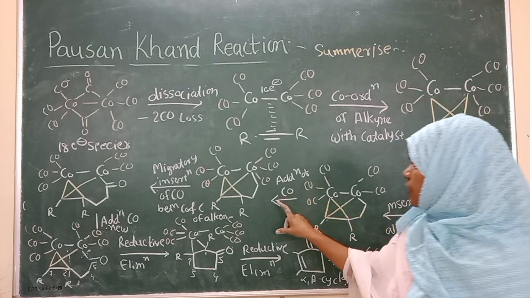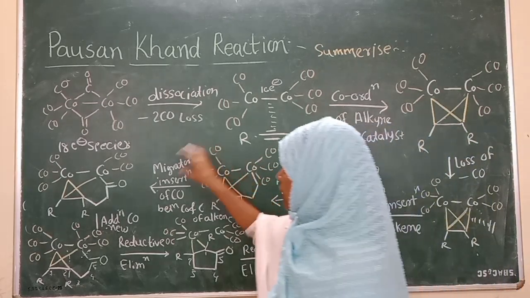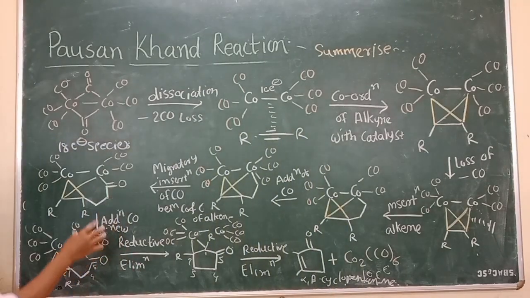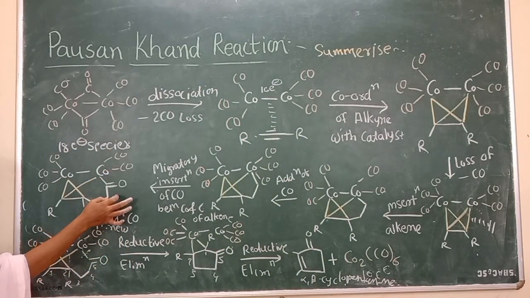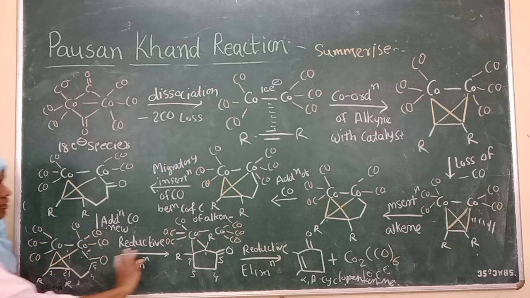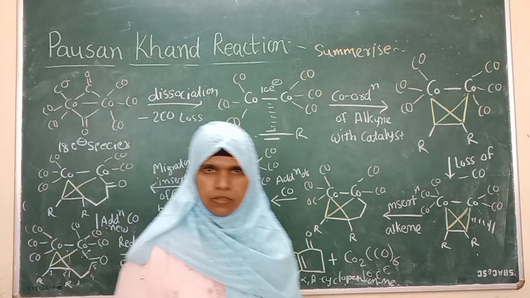After that, 1 CO molecule is added again, then migratory insertion of CO, forming a new carbonyl group between the cobalt and alkene carbon. Then a new carbonyl is added, and lastly reductive elimination takes place. Okay, it is a very easy step. Thank you.